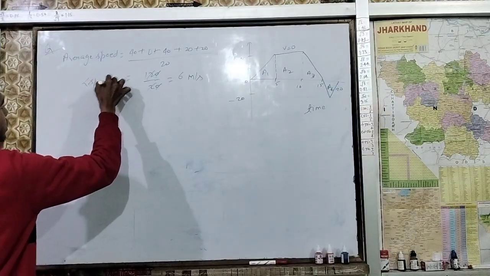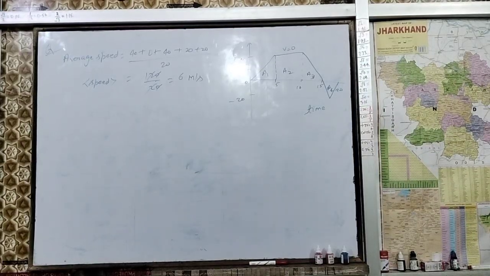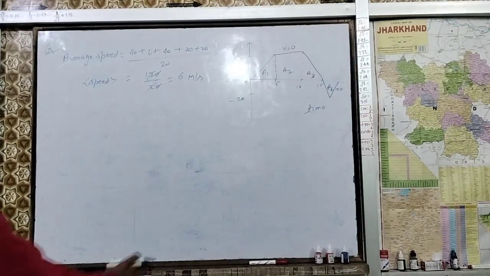Clear? For average speed we didn't care about the negative section. But when it comes to average velocity, we will care about the negative section.